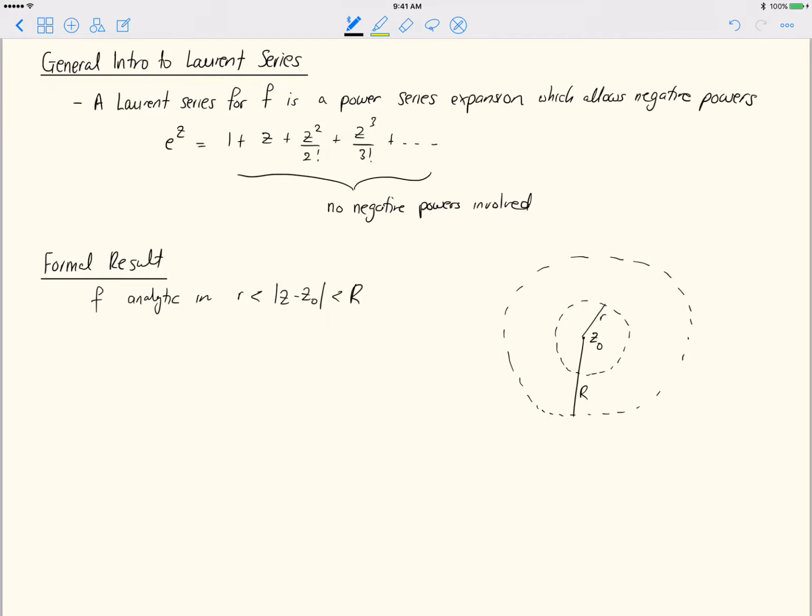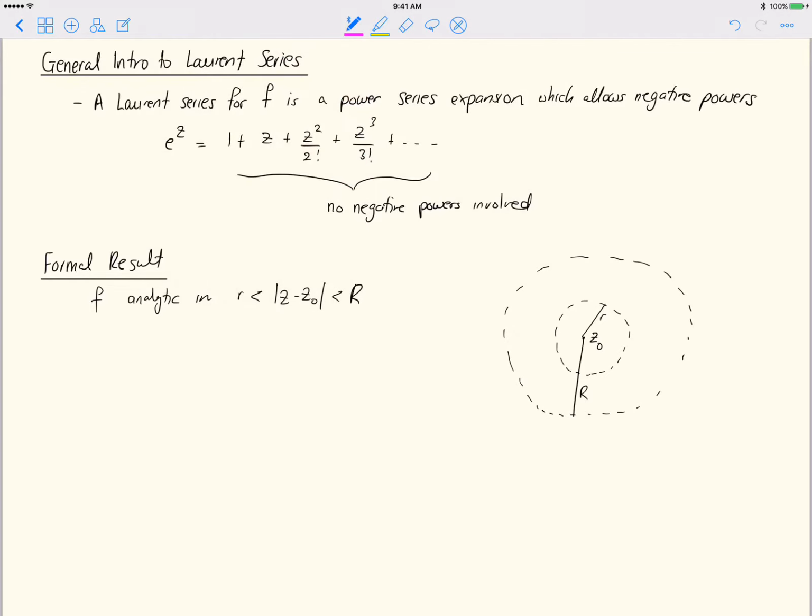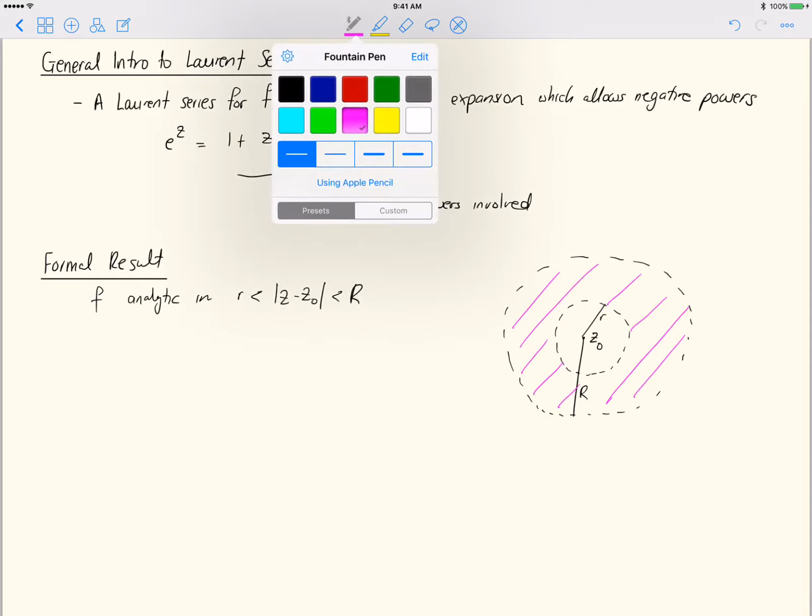And in this result which I'm about to give, we're assuming that the function f is analytic between these two circles. So it's analytic in this region which I am shading in right now. We call that an annulus. Okay, so f is analytic in this region.